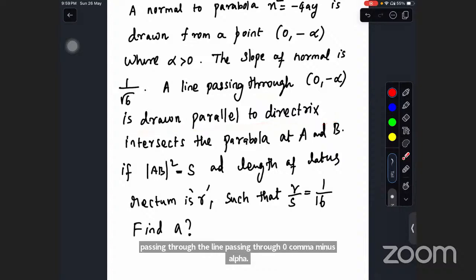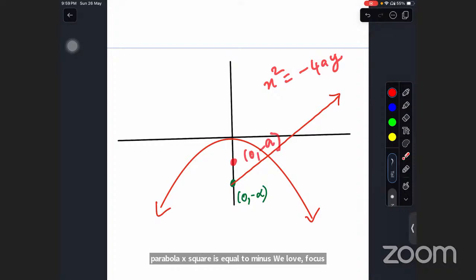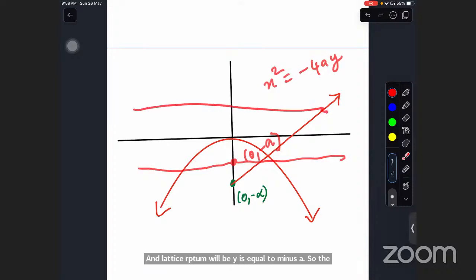Now the next one: the line passing through 0, minus alpha is drawn parallel to the directrix. For this parabola x square is equal to minus 4ay, we have the focus somewhere here, that is 0, minus a, and the latus rectum will be y equals minus a. So the directrix would be y equals plus a here. Now the line is parallel to that.